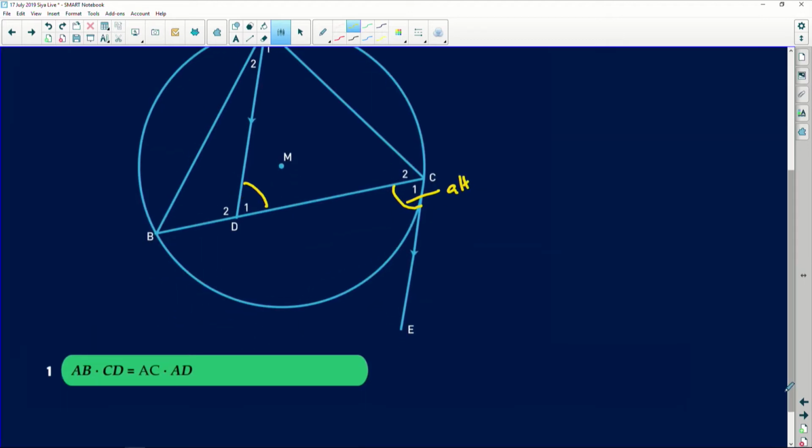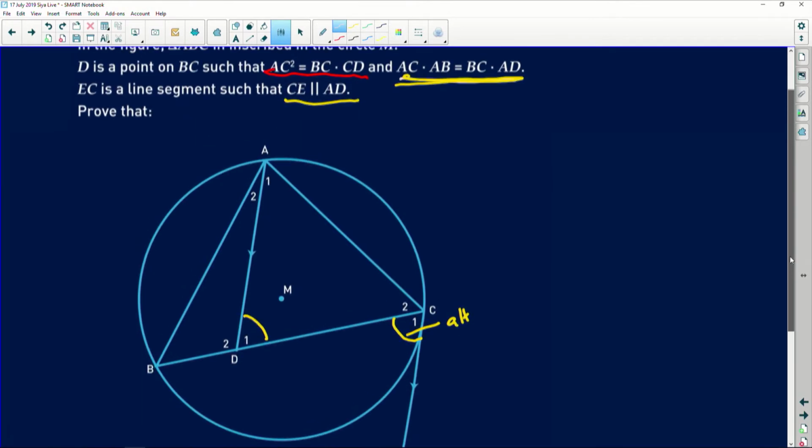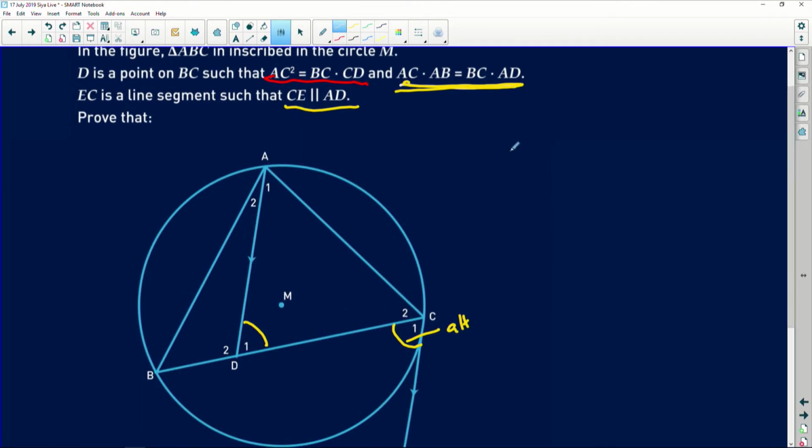Then let's look at the first proof that they want us to do. They want us to prove AB times CD is equal to AC times AD. So it's also similarity there, right? So proving similarity, it means from the statement there, I have AC divided by BC, which equals CD divided by AC.